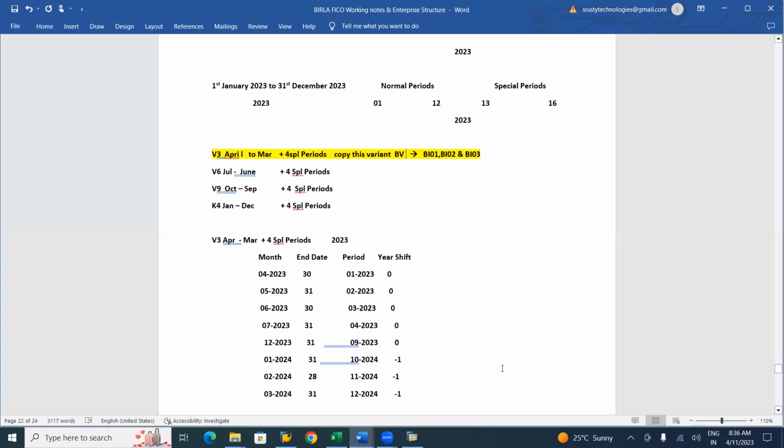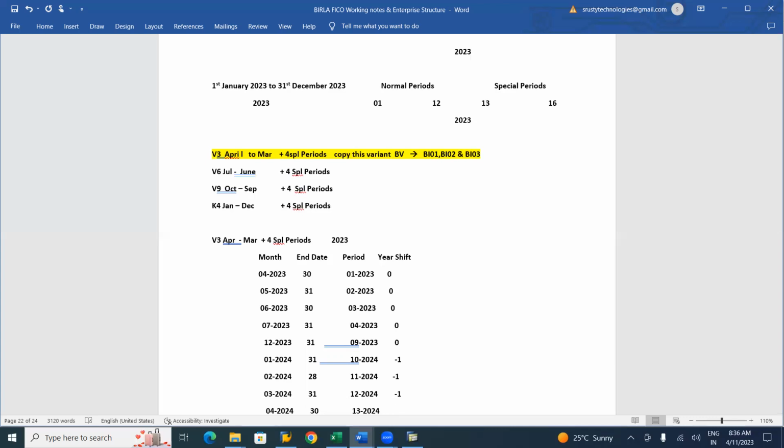The same thing. For example, if you take 04 2024, 30, it will take it as the 13th period, special period 2024.